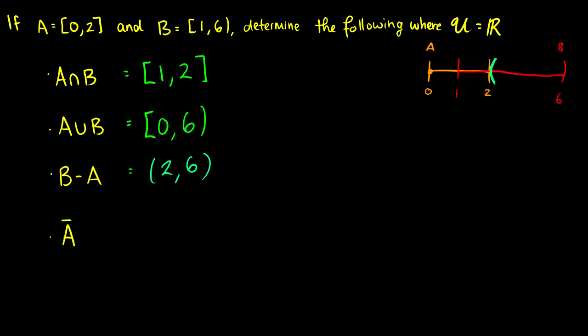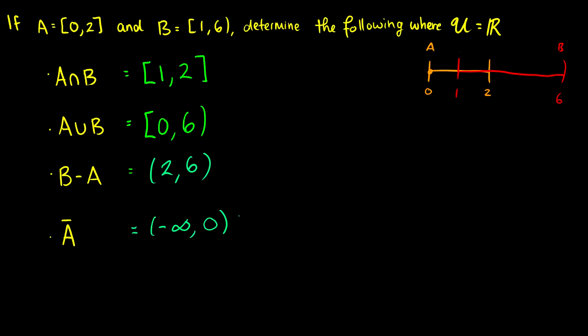And finally, our last one here, A complement. Well, A complement is everything in the universe minus A. So A is only from 0 to 2 inclusive, which means that the complement of A is going to come from negative infinity all the way up to 0, but not including it, because 0 is in A, so 0 can't be in A complement.